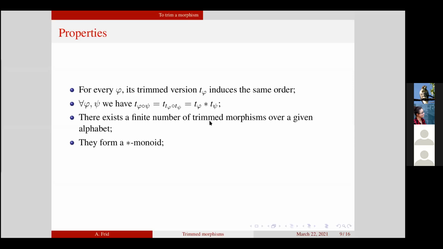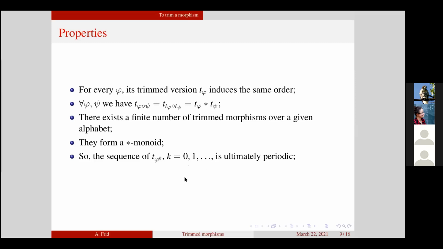But if we study the properties of this monoid, we can describe everything that happens for the orders of words under a morphism. Since it is finite, it means that the powers of every element form an ultimately periodic sequence.